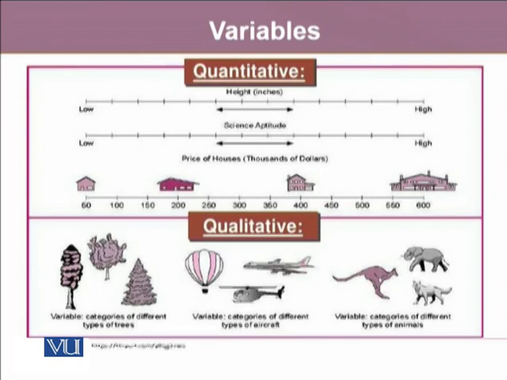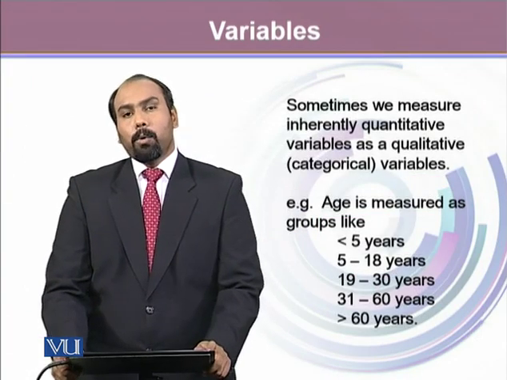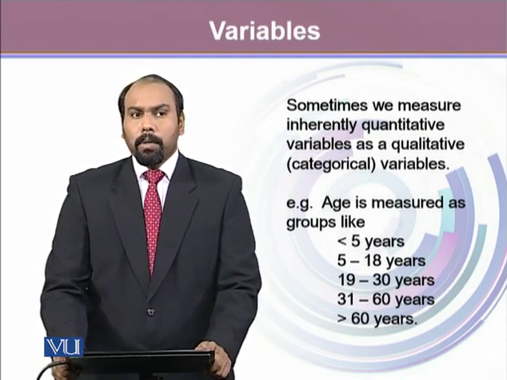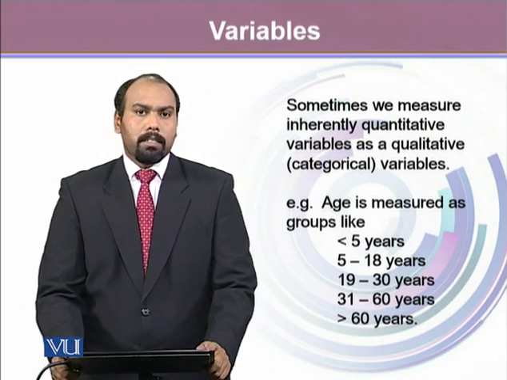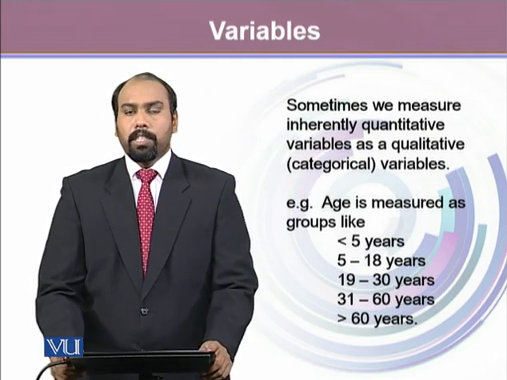Whereas categories of different types of trees, aircraft, or animals are qualitative variables. Sometimes we measure inherently quantitative variables as qualitative variables to increase the response rate in our survey, possibly, or to achieve some other goals.